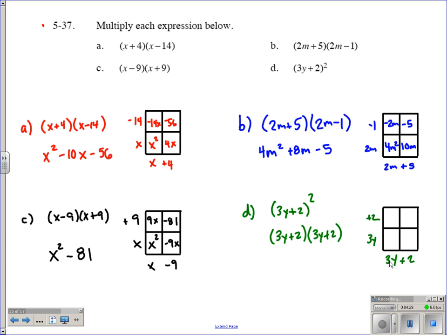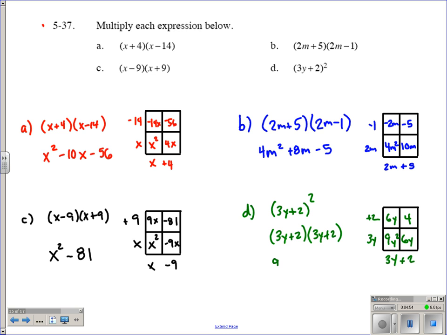Let's multiply them. 3 times 3 is 9, and y times y is y squared. So we have 9y squared. 3y times 2 is going to give me 6y. 3y times 2 over here gives me 6y. And then 2 by 2 is going to give me 4 up here. Let's put it all together.